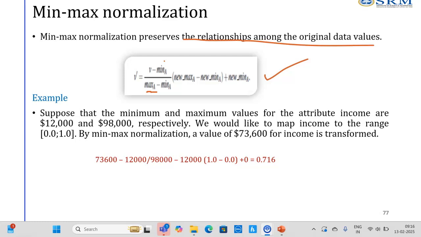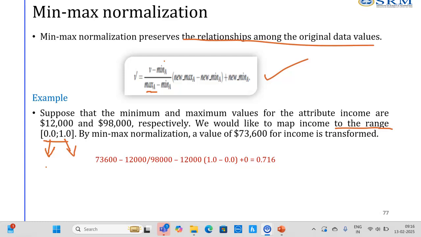We would like to map income to the range 0 to 1.0. So we are newly mapping our income to the range 0 to 1. So this will become the new minimum and this will become our new maximum.